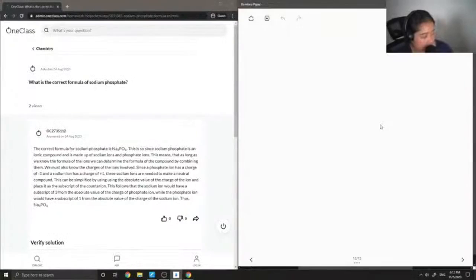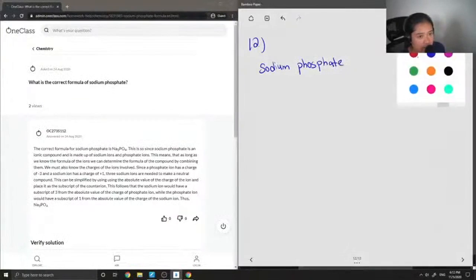Okay, so let's look at question number 12. What is the correct formula for sodium phosphate? So, let's try to break this apart into what their ions would look like.